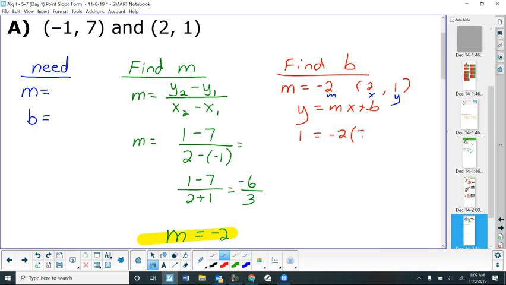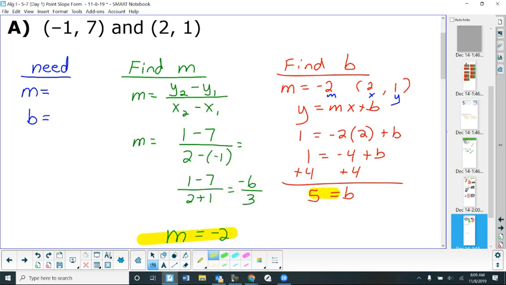Well, what's x? 2, plus b. What's -2 times 2? Watch your sign. -4. And now what do you do to solve it for b? Add 4 to the other side. And what do you get for b? 5. So we have m, we have b.